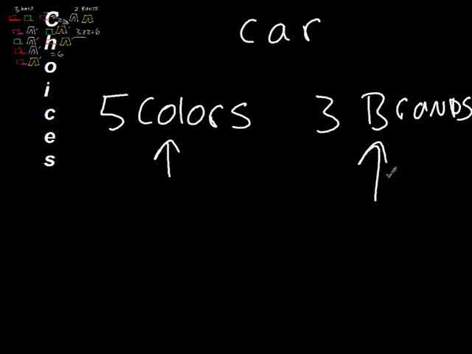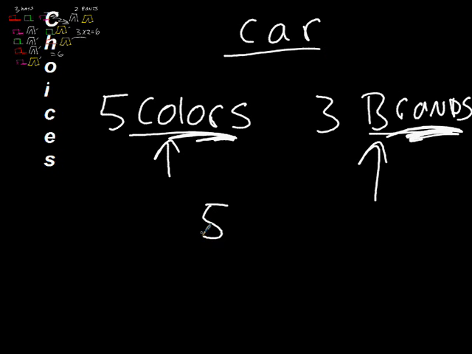Let's say the colors are blue, purple, red, green, yellow, and orange, and the brands are Mercedes, BMW, and Toyota. How many different kinds of cars could I make? Can you guess? The answer is 5 choices of colors times 3 choices of brands, which gives 15 different combinations of cars. We're going to keep on doing stuff like this, and examples are the best way to go.